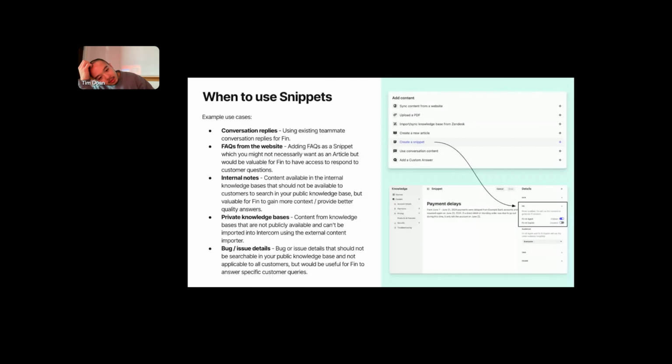An easy example I always use is, let's say, a recent update or patch that's been applied to your software, your program perhaps. Instead of having to write out a full article, perhaps just reference the number of a potential error code that customers might encounter. Fin's going to be able to detect that when customers ask about it and be able to provide a response in terms of what they should expect and what the issue resolution is.